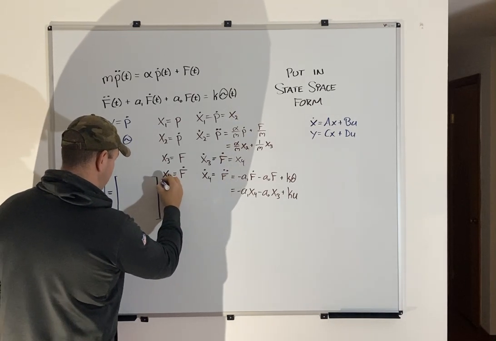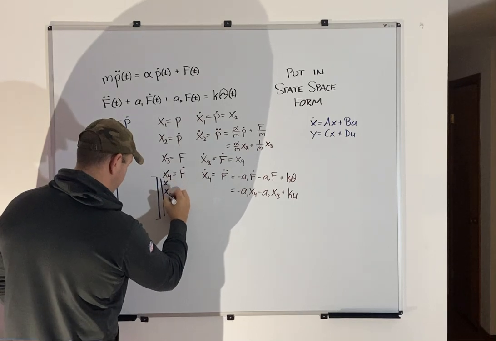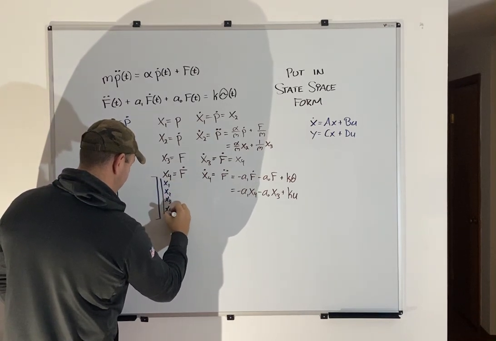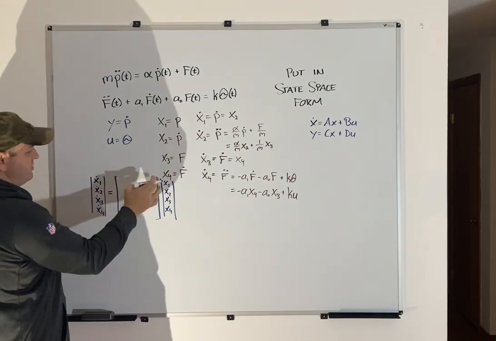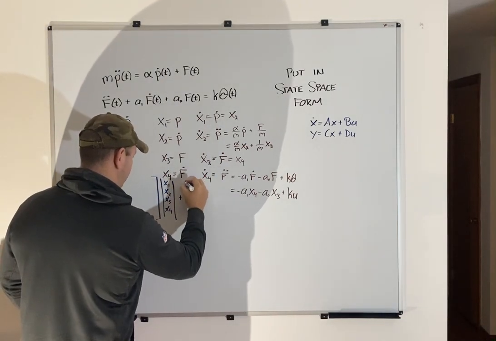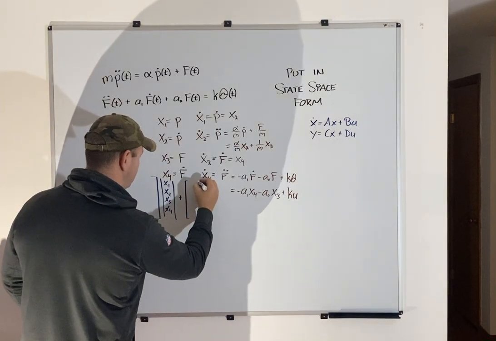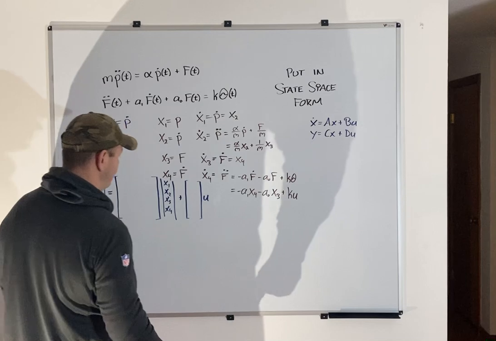And that's going to be times X1, X2, X3, X4. Don't get these mixed up with these. These are the derivatives now. These are just the states. And then this is going to be plus the B matrix, which is going to be n by 1, times U.